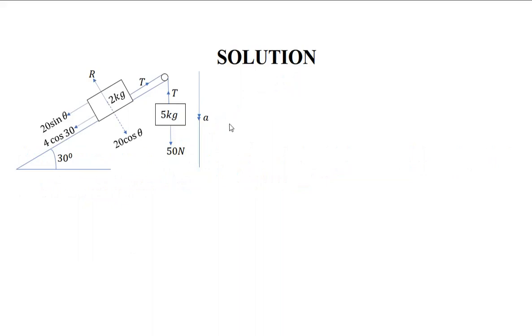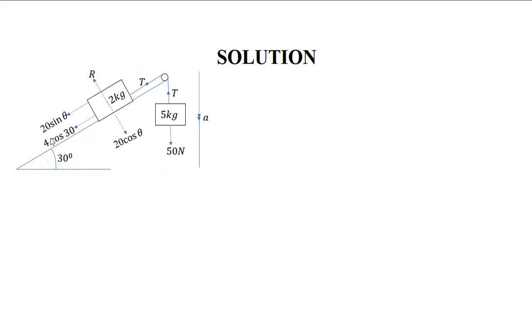Now for the body of mass 5 kg, the weight is 5 times 10, we are using g to be 10 meters per second squared. Again, we are assuming the whole system is moving up the inclined plane. There is the tension, and there is a frictional force this time.